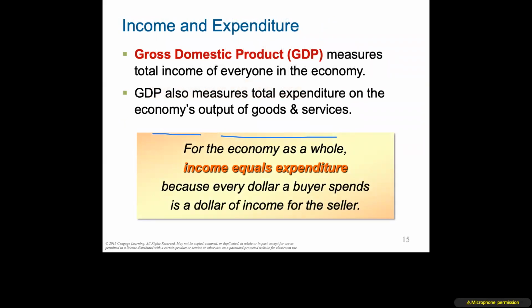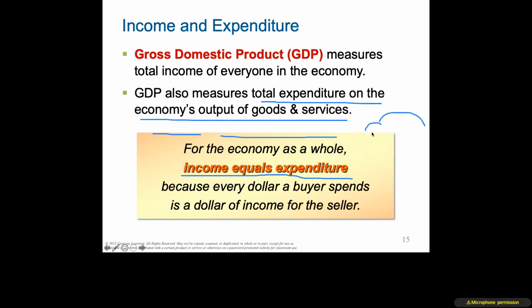So, what is the GDP for you and me? It measures the total income of everybody in the economy. Why? Because it's measuring the total expenditures of the economy's output of goods and services. So, economically speaking, the income of the entire economy has to equal how much we spent.